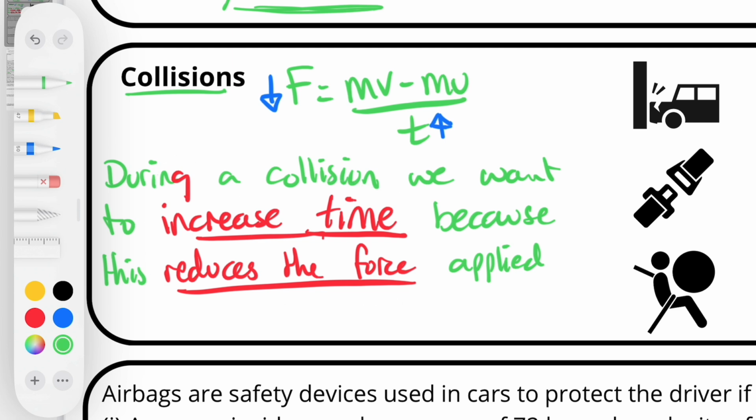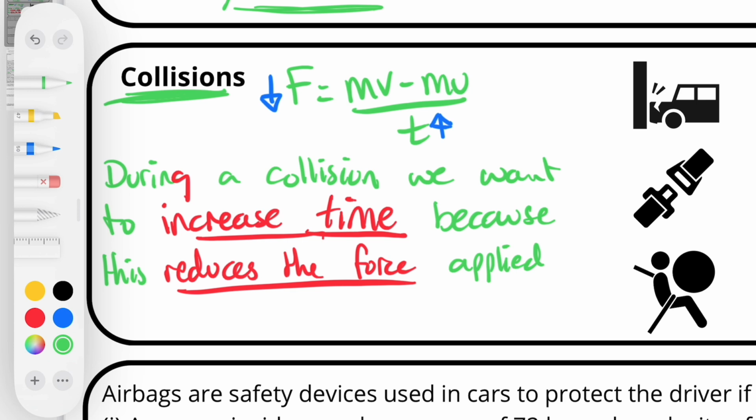So it's a really important point to constantly think about whenever you see the word collisions in an exam, two things hitting each other. We think about this equation and how the thing they're talking about is changing the time. That's normally what they're getting at. If any of you are watching this, year 9, you'll know the question I'm on about: the tennis player's shoe.